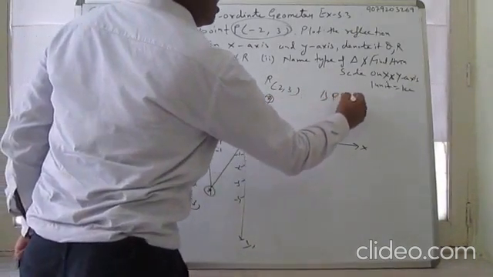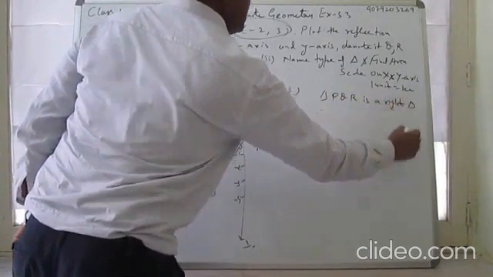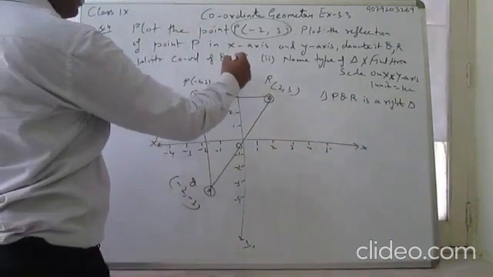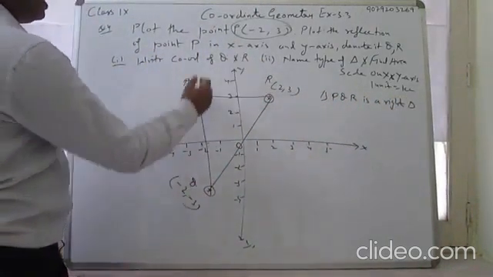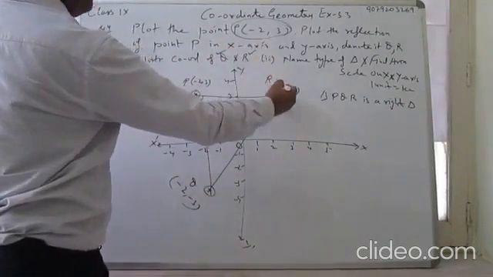Triangle PQR is a right triangle. Q is -2, -3 and R is 2, 3.